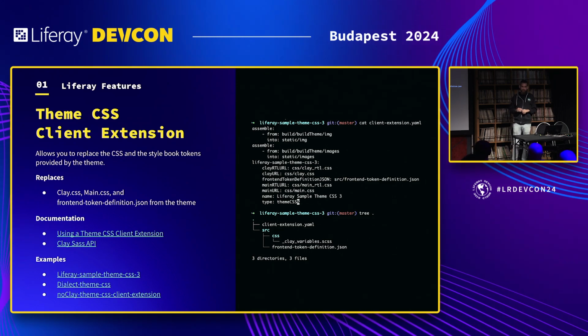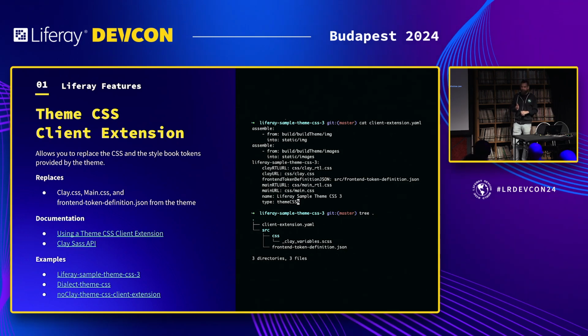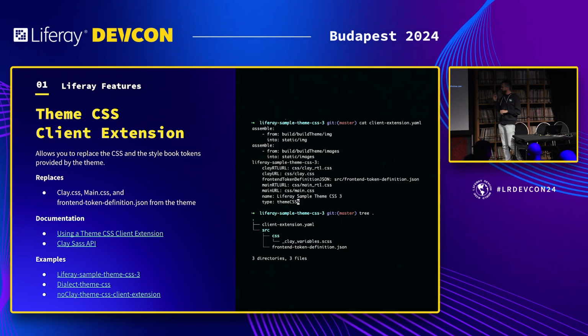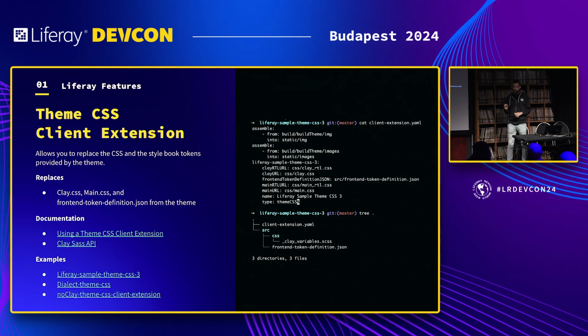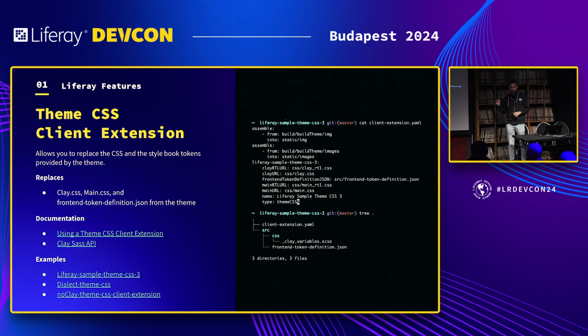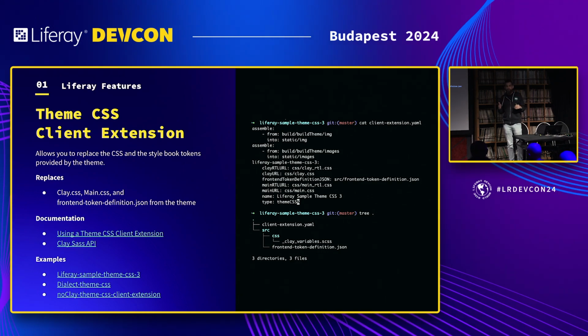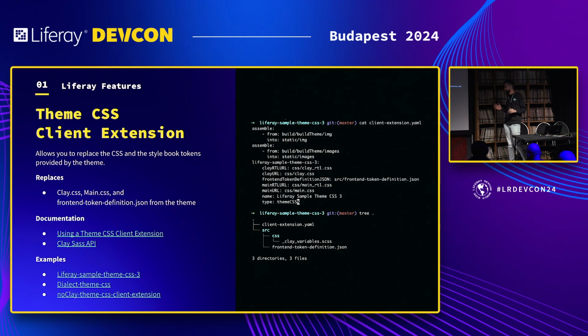Okay, and anyone who has their hands down, it's probably because they haven't had to do that yet. So moving to use client extensions instead of a theme is going to make it easier to stay up to date with the latest version of Liferay, which means you keep on getting new features. Everyone's happier, more value to you and your clients. So a good way to go.